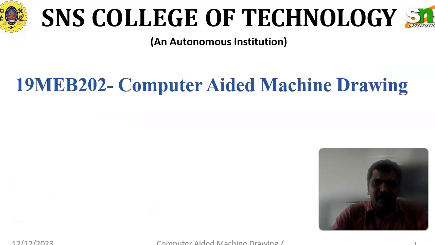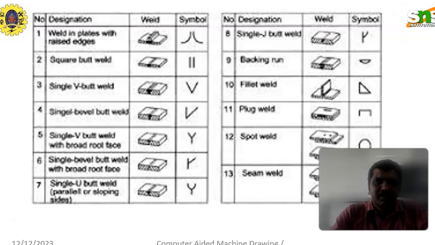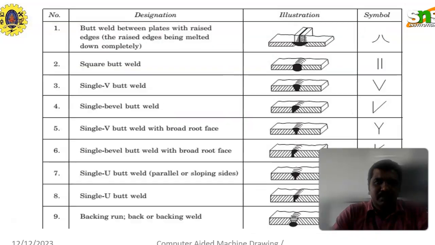Here is the continuation of the previous lecture series. After the abbreviation part, we will see how symbols are illustrated with symbolic representation in this PPT slide. Here is the designation: the butt weld between plates with raised edges, the raised edges being melted down completely.